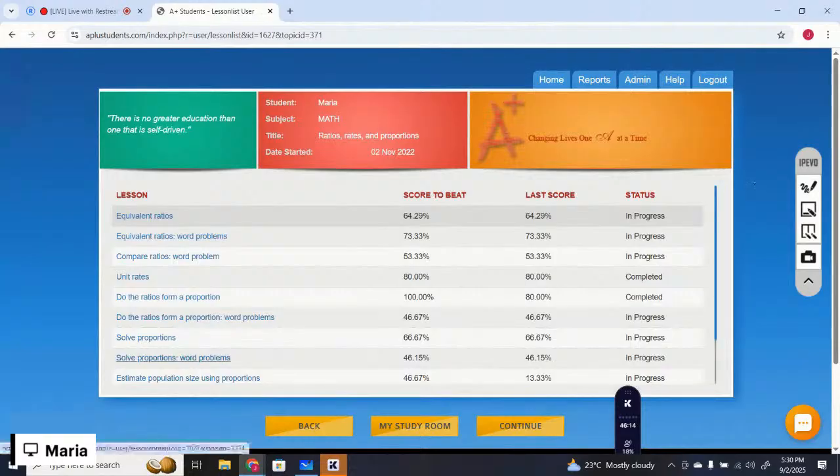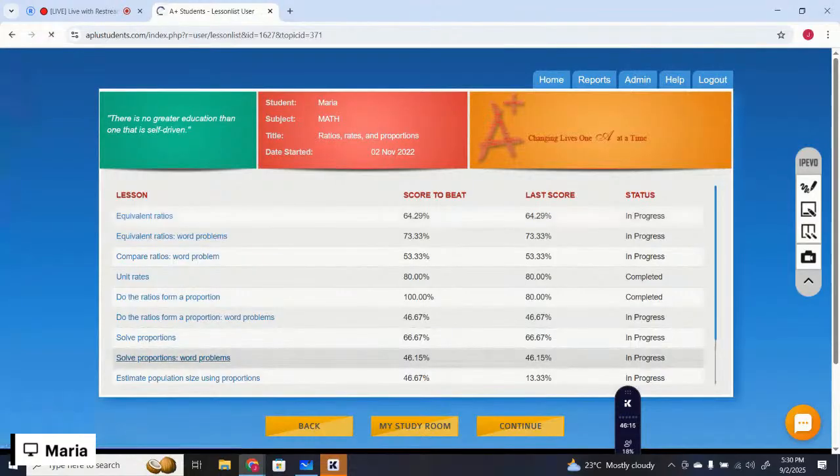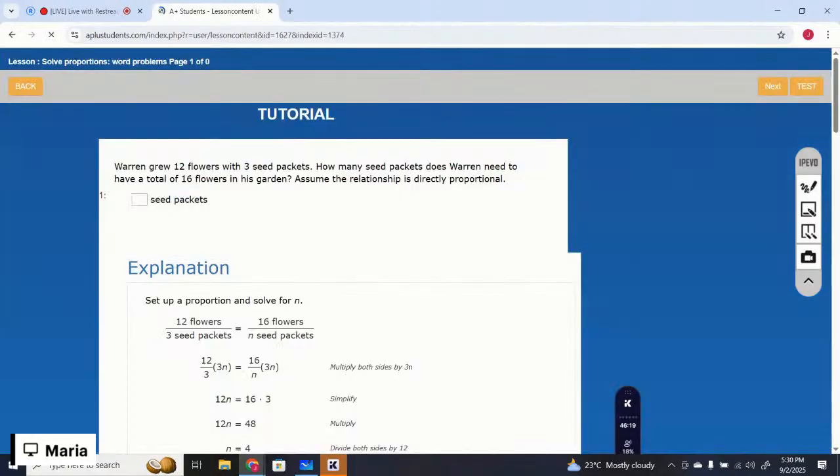The next lesson is solve proportions word problems.